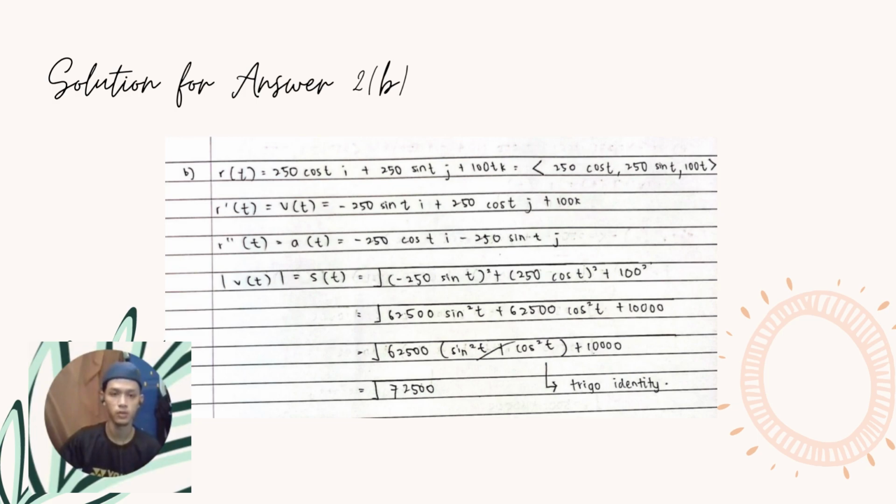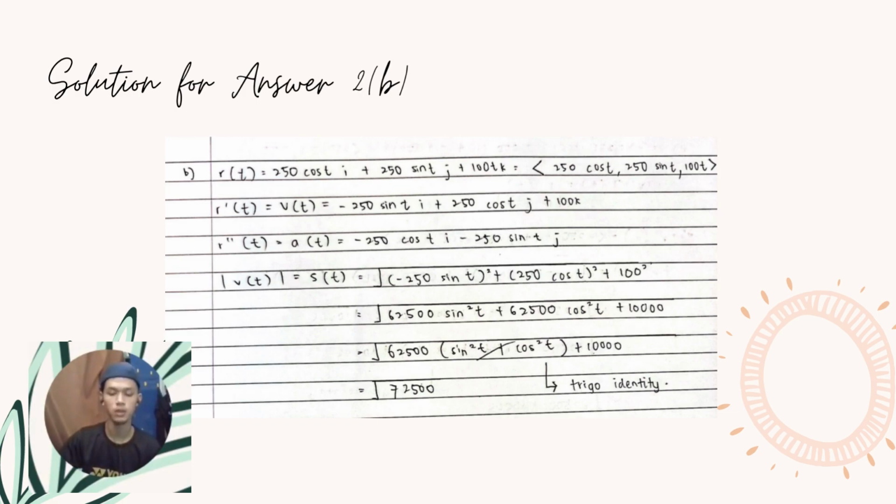Untuk mencari acceleration, kita harus differentiate sekali lagi dan jadikan dia r double prime. So letak a untuk acceleration, kita akan dapat negatif 250 cos t i tolak 250 sin t j. Itu adalah jawapan bagi acceleration.